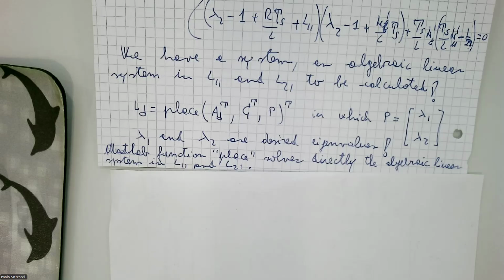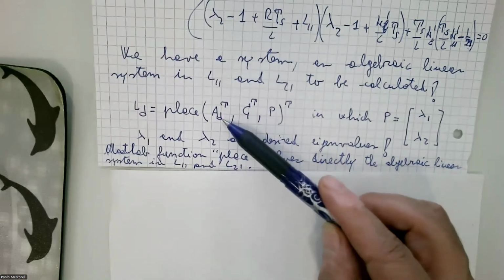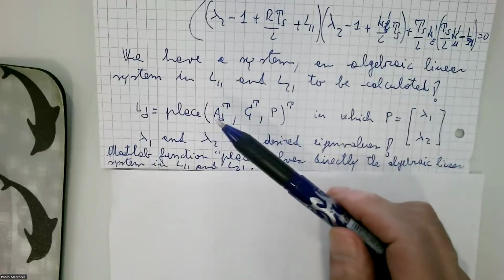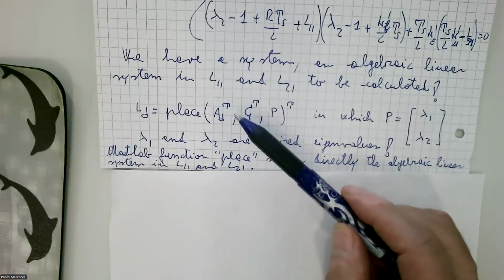I don't know if you remember, the eigenvalues of a matrix A or the matrix M are the same as the eigenvalues of the matrix transposed. I don't know if you remember this property. If you don't remember, nothing. This means this position here is not a problem in this sense.